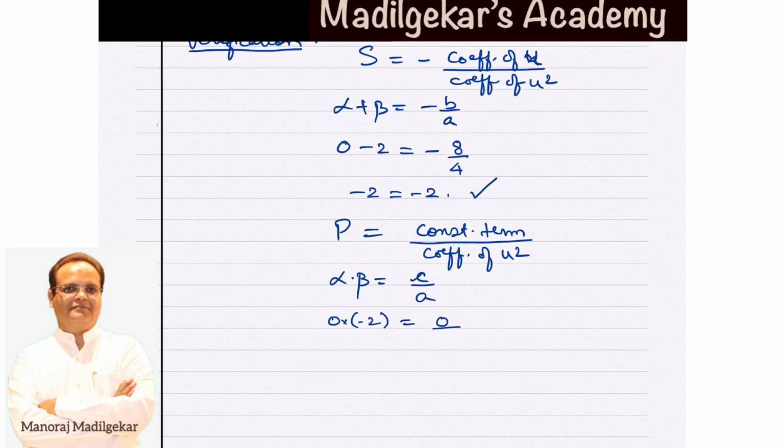Constant term is 0 and a is 4. So here again LHS is same as RHS. So product is also verified. So in this way you can solve the remaining 2 parts of this first question. So this completes the first question of exercise 2.2.